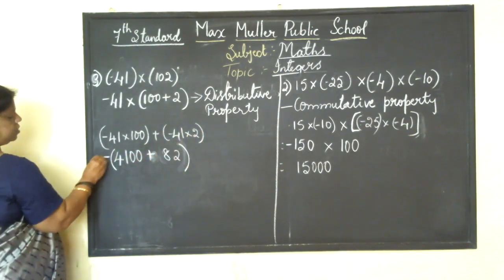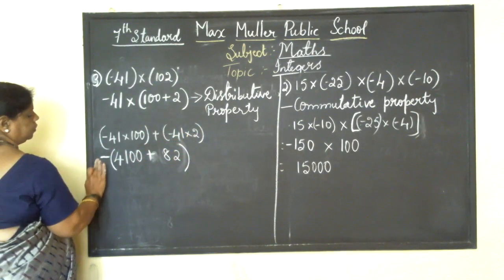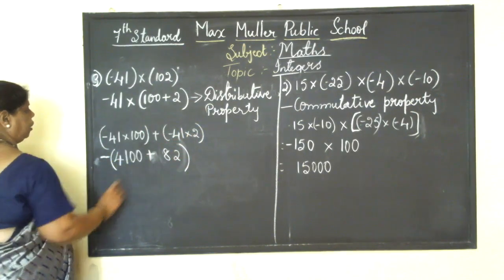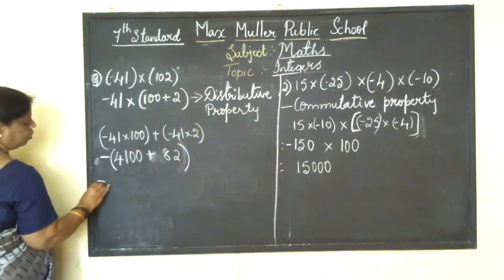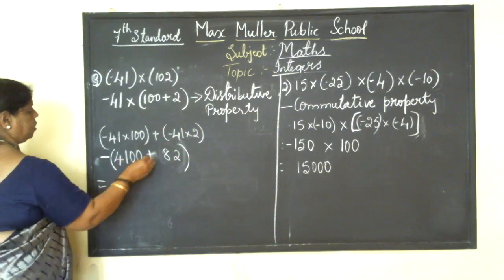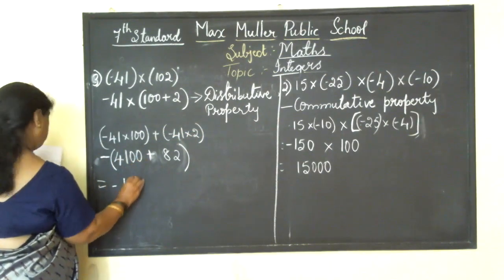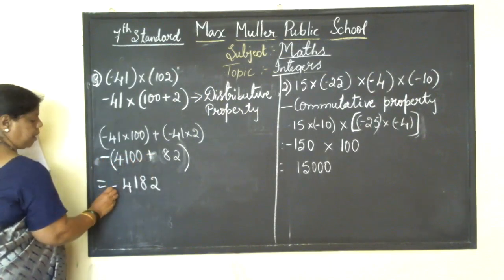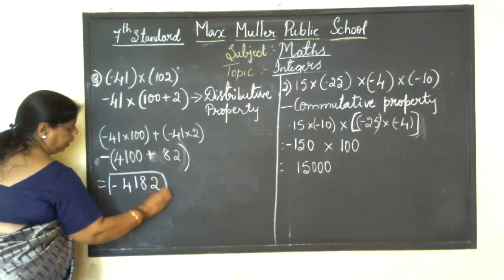I have written minus here only, children. Instead of writing it to each number, I have written here only. Okay. So it is equal to minus, plus... 4182, plus into minus is minus. So this is your answer.